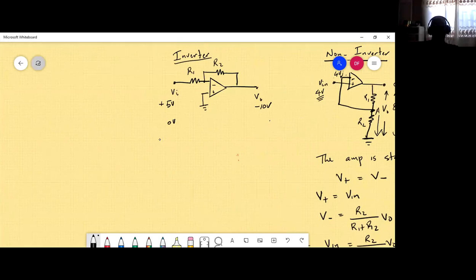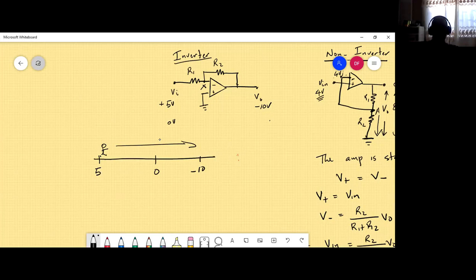So the first point that we want to make is that if you're going along a line from positive to negative, then you must pass through 0 at some point. If I'm going from here to here, then I must pass through 0.